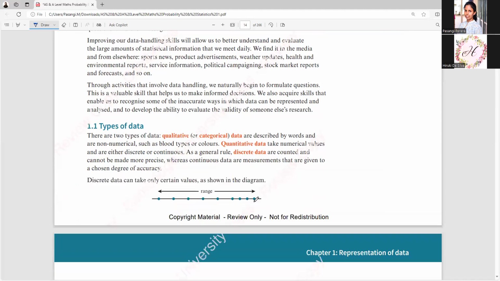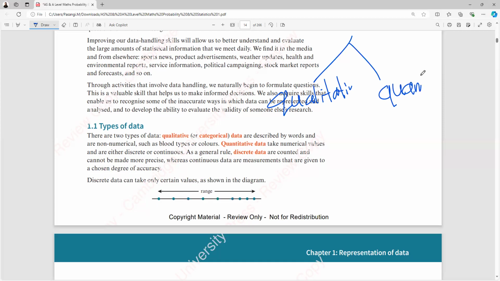The first part is the types of data. When it comes to types of data, we have two different categories: one is qualitative, the other is quantitative. Qualitative data has another name, categorical data.